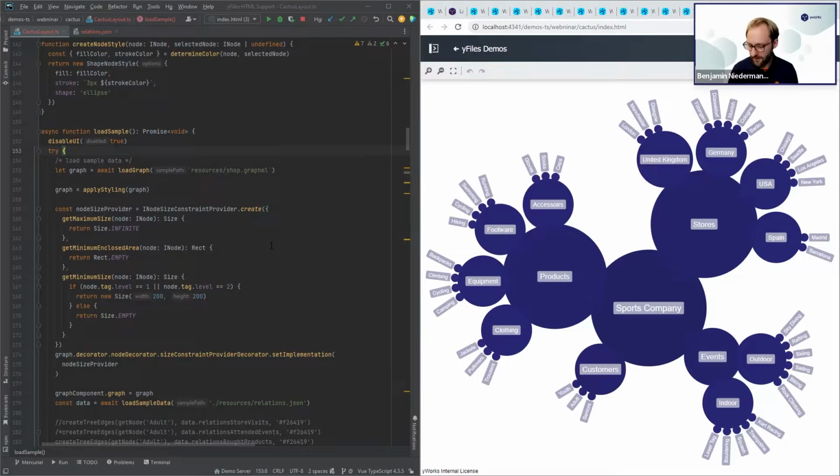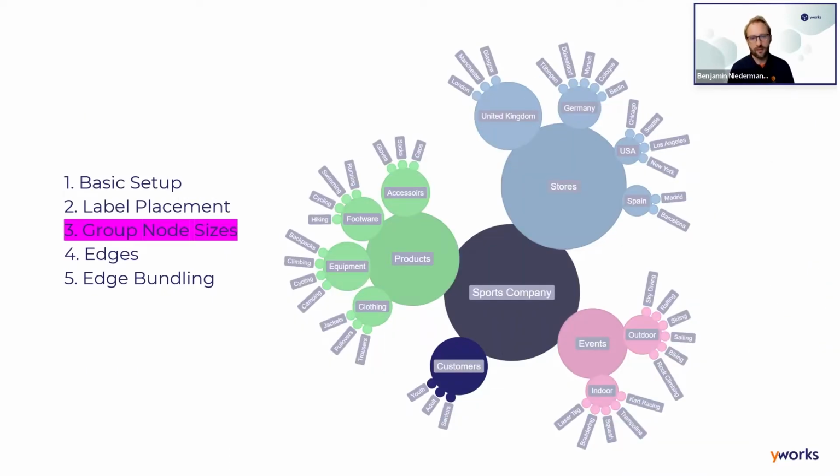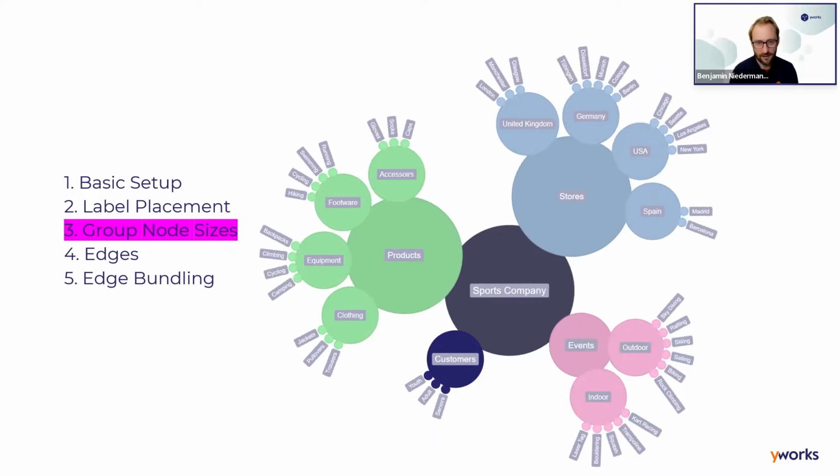So this brings me to the next part. We now have set the group node sizes, and another application for this could be that you say, okay, I would like to have different sizes of the nodes for the same level. So expressing some relative difference between the nodes.